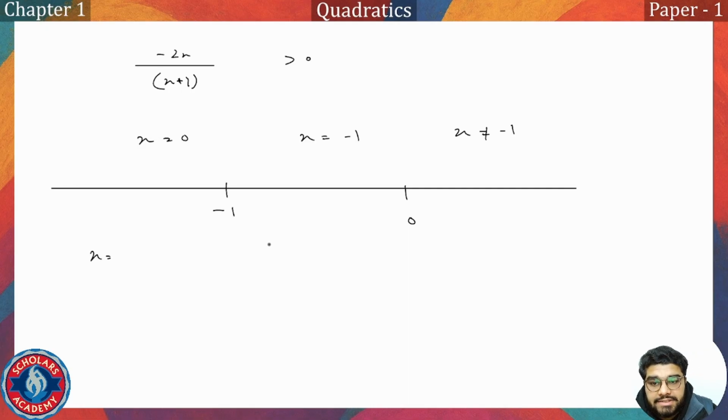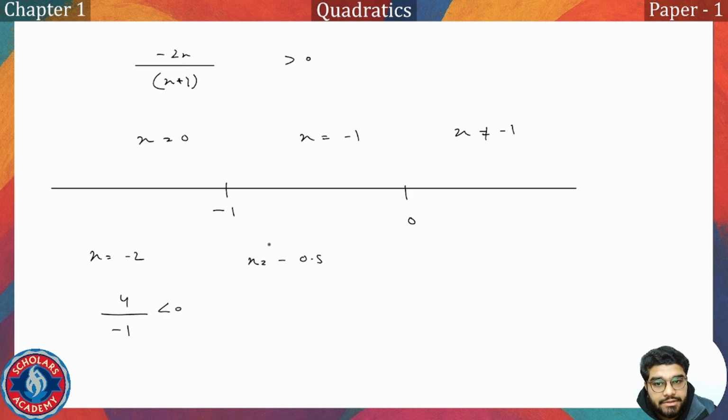If I take x is equal to negative 2 and substitute it, I get 4 by negative 1. So it is less than 0. I will not take this interval. If I check for values greater than negative 1 and less than 0, let's take x is equal to negative 0.5, right?